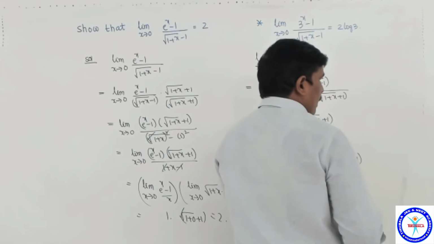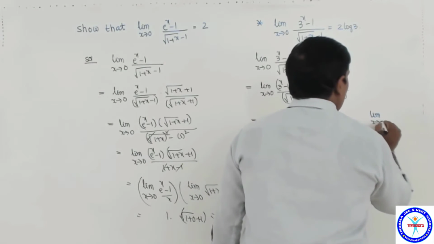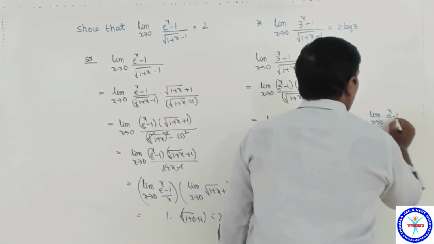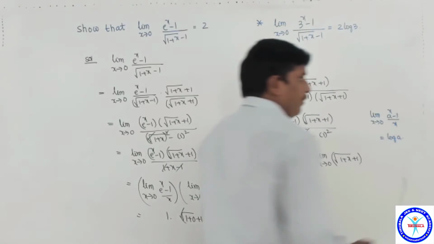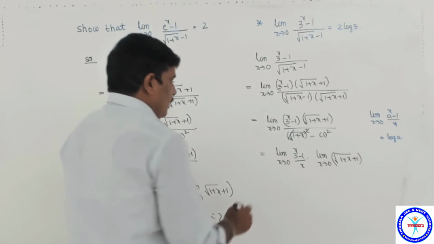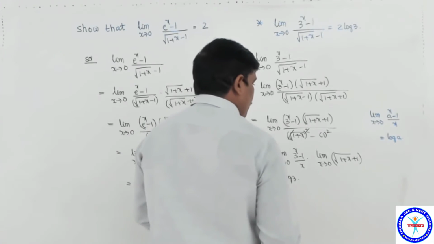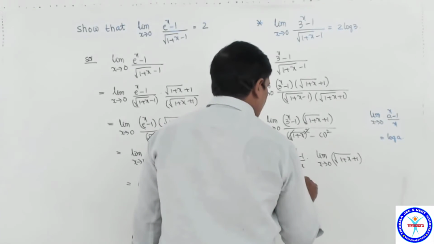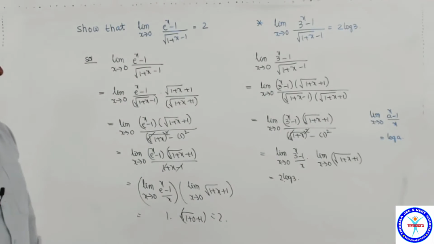So we know the formula: limit x tends to 0, a power x minus 1 by x equal to log a. By using this formula, it is log 3. This is equal to log 3 into, put x equal to 0, 1 plus 1, 2. So this value is 2 log 3. Okay, write down.